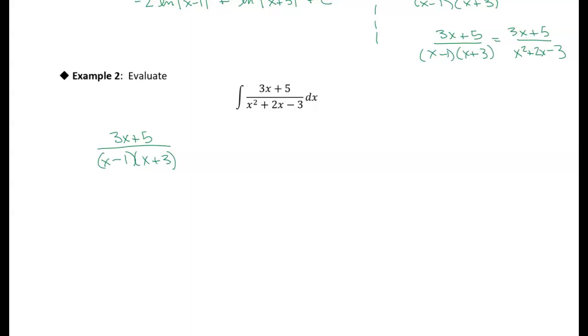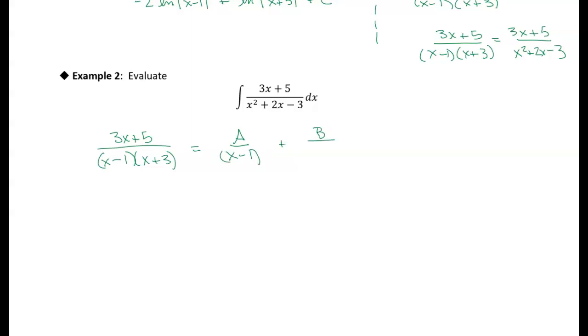And the idea here is to then take this rational function and write it in the form that we'd like to get it in, because I know I could take two rational functions with these two denominators.